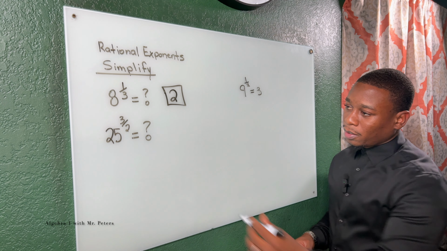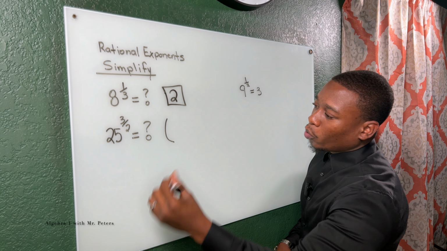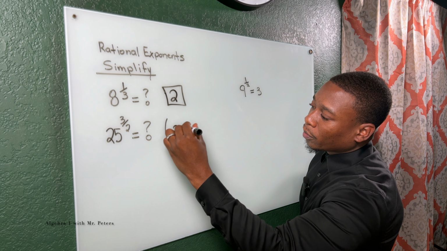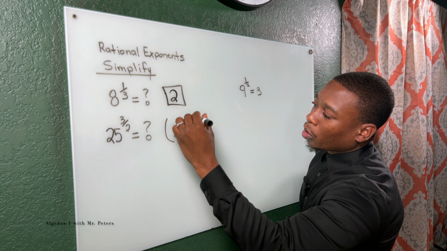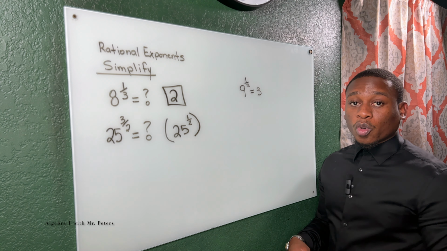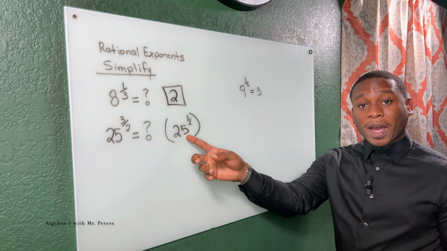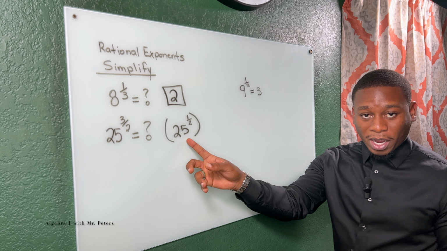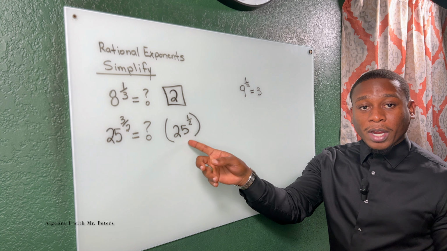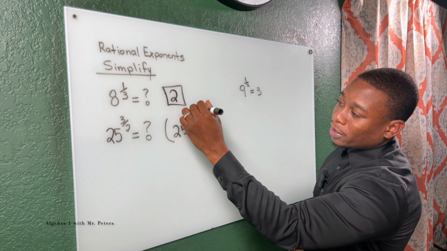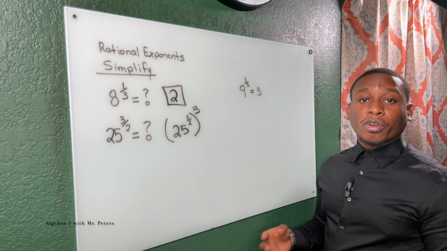We could split it. So we could go in and say, okay, what is the square root of 25? Or what is 25 to the 1/2 power? Then when we figure out that answer, we could then take that answer and take it to the 3rd power.